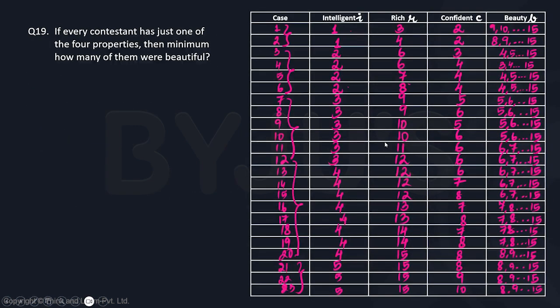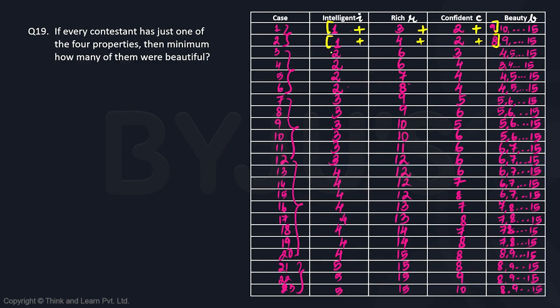If every contestant has just one of the 4 properties, then minimum how many of them were beautiful? Since it says they have just one of the 4 properties, we are looking at the scenarios where the sum of all of them is going to be 15. So this is the first case. Then in the second case, this is going to be 15.